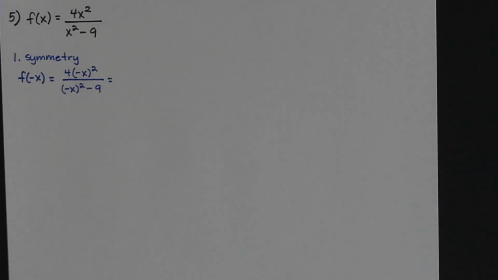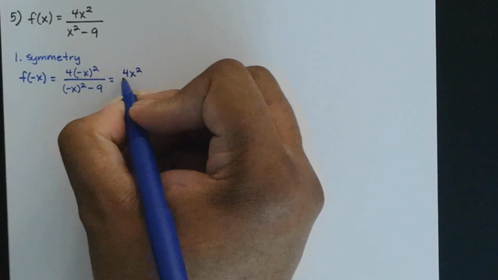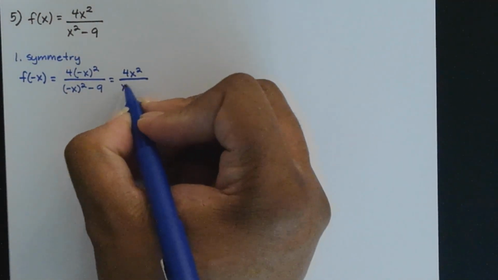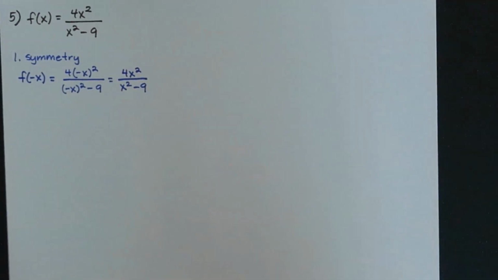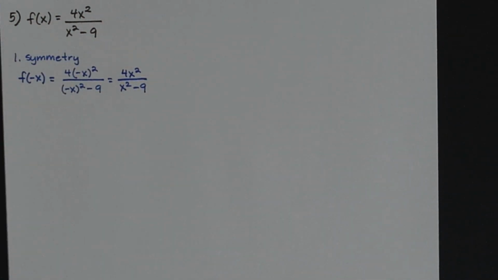If I simplify this, if you square a negative, it's going to be positive, so that numerator will be just 4x squared over, again, negative x squared will be x squared, and then minus 9. Now compare that with my original function. Here I've got the original function that I started off with after replacing the x with negative x.